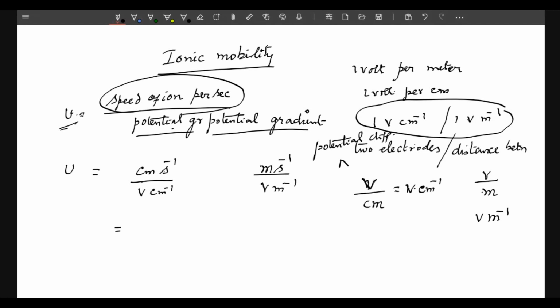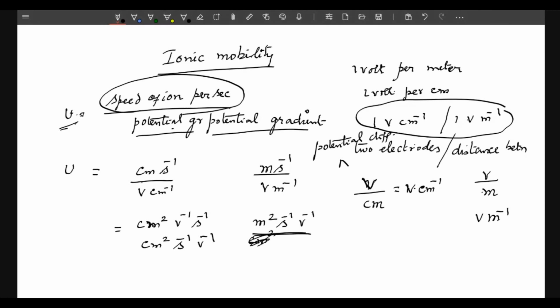Therefore, what is the unit for this ionic mobility? Centimeter square per volt per second, or in some books centimeter square per second per volt. What is the unit for this? Sorry, meter square per second per volt. This is the unit for ionic mobility.